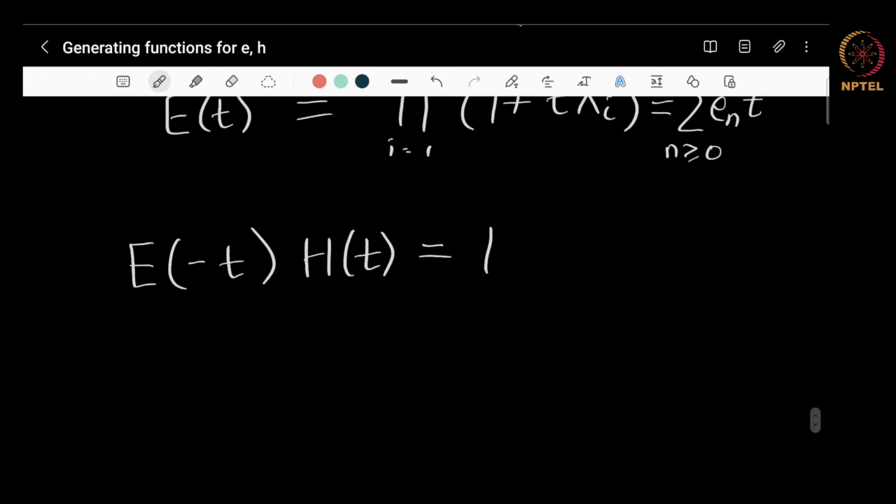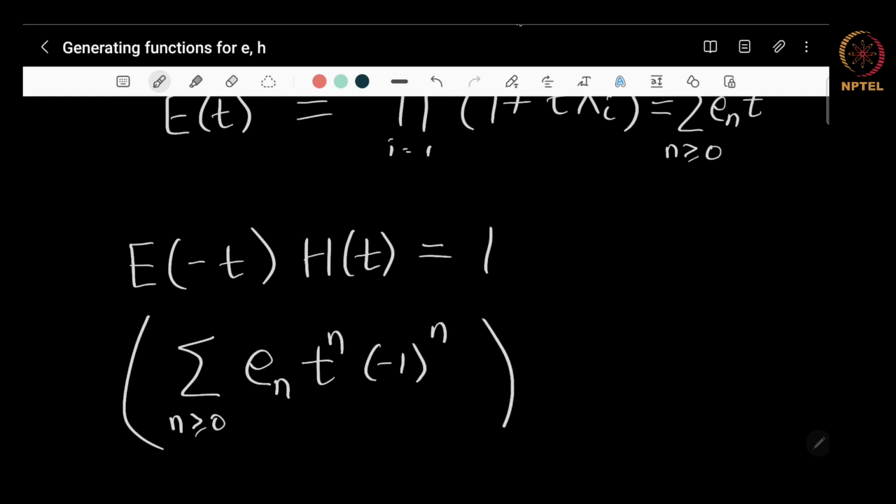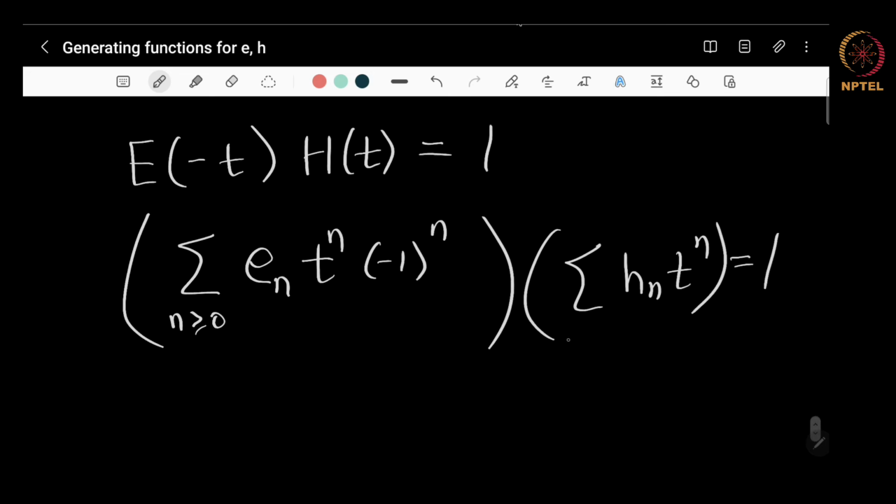Well, you have seen power series manipulations before in the course, and what this really means is that if you take the sum of e_n t^n, times (-1)^n, multiplied by the corresponding h series, this should be a 1. Again, that's essentially an infinite list of equations, because you can multiply the left hand side out and compare coefficients of each power of t.